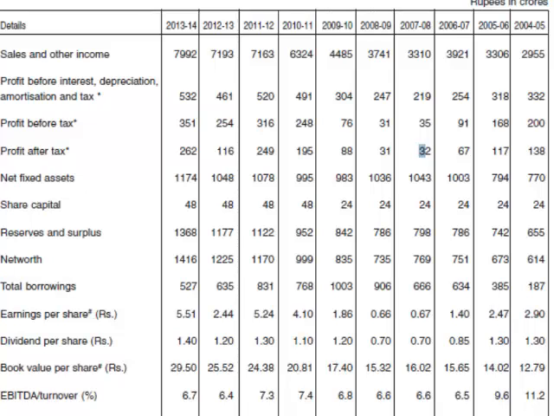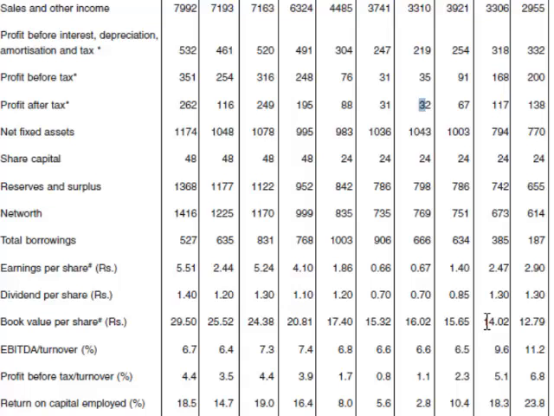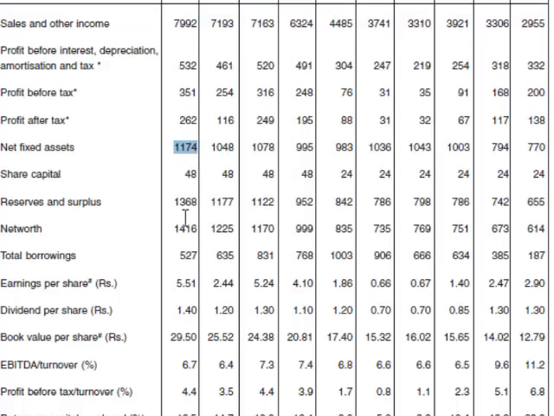Going further, net fixed assets from 770, it is 1174. What conclusion can you draw from this?